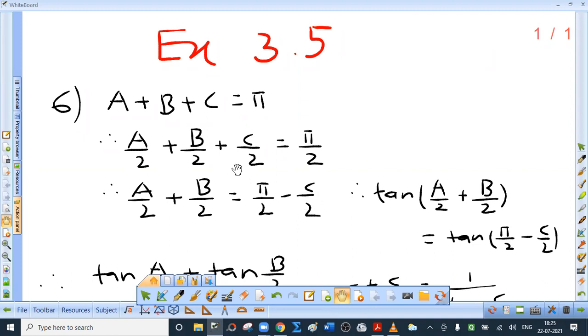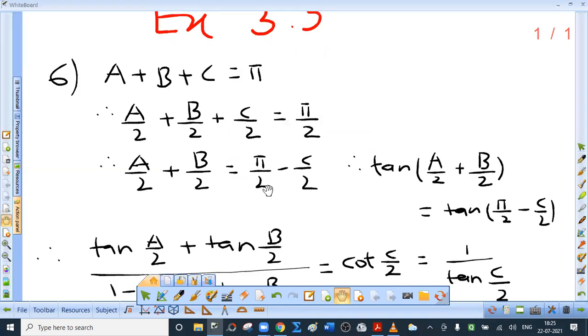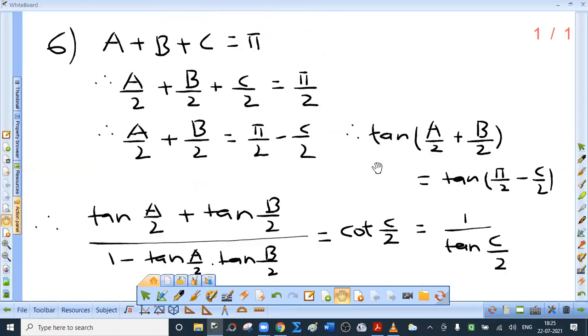You may ask me, can we write this as B by 2 plus C by 2 equal to pi by 2 minus A by 2? Yes, final answer will be the same. But why to do so? Because we know formula for tan of alpha plus beta, that is addition of two angles. Now take tangent ratio.